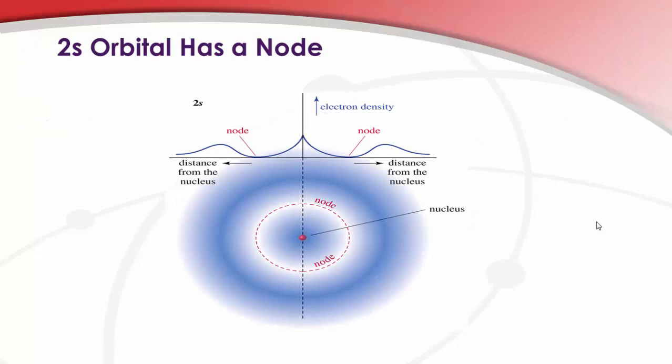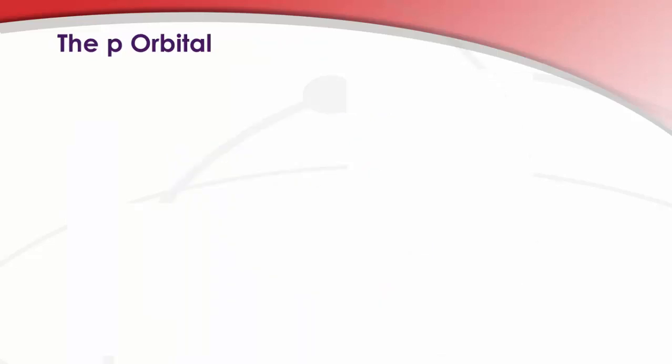If we want to look at this graphically, the probability equation looks something like this around the center, once again, a cutaway. And this is interesting from the point of view of contrast with the p orbital.